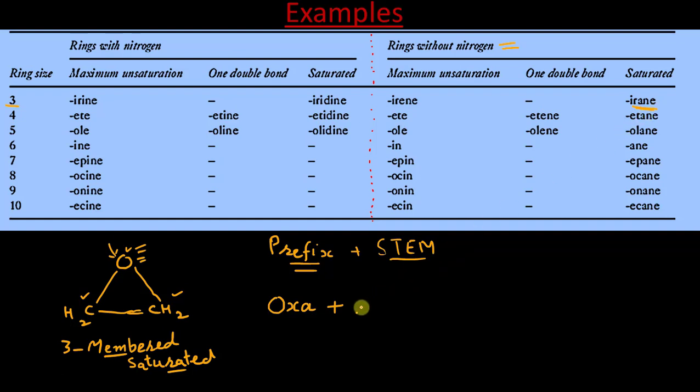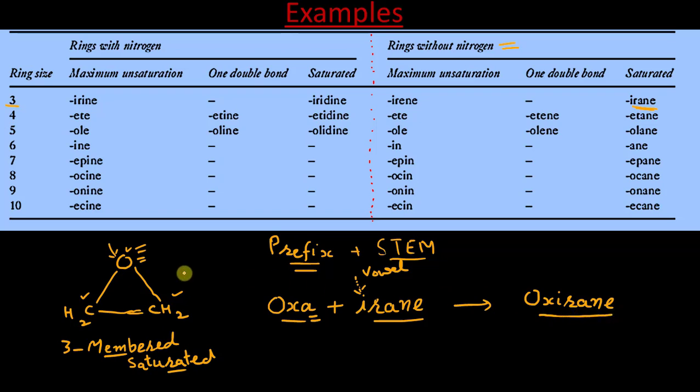So I will write here I R A N E, irane. Now we have to combine oxa plus irane. Now you see the name of the stem starts with a vowel, as we have said. If it starts with a vowel, then we have to leave this a of the prefix, so its name will be O X I R A N E, oxirane. So this is the name for this heterocycle.